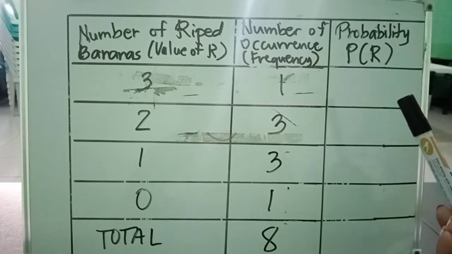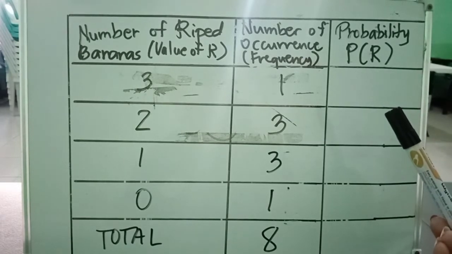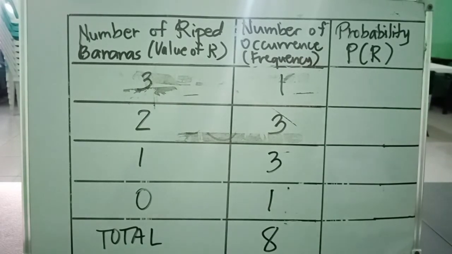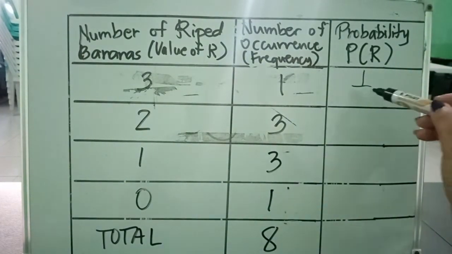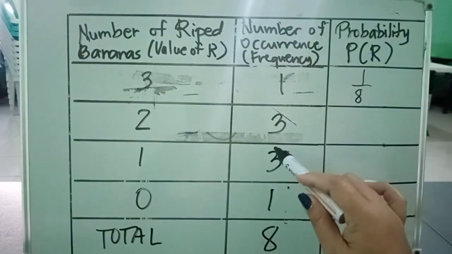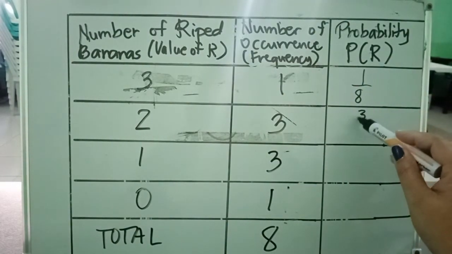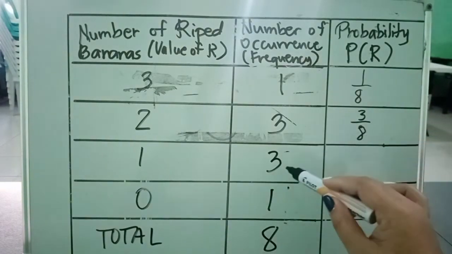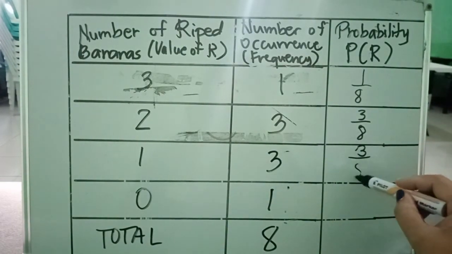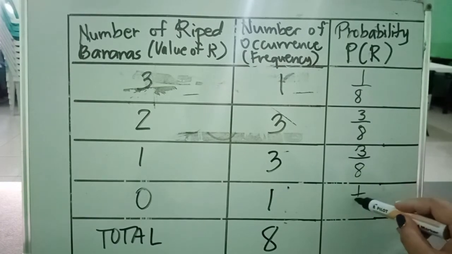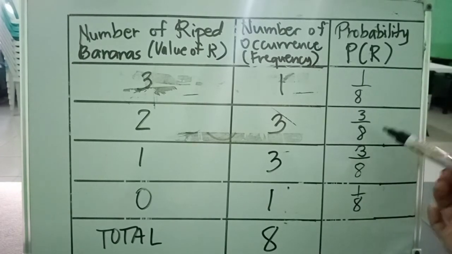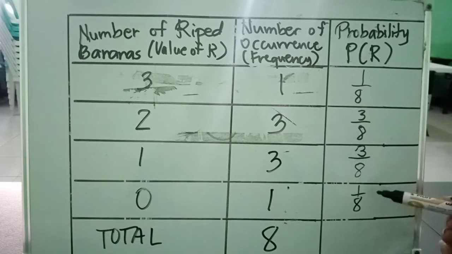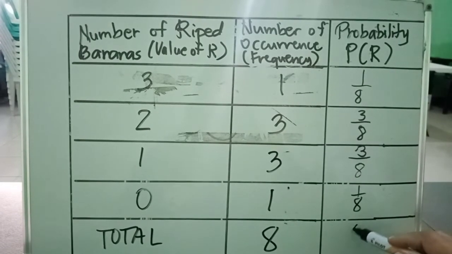Now let us have the probability of the discrete random variable, such that we have 1 as the occurrence, all over the total number, which is 8. Then 3 over 8, followed by 3 over 8 again, and then 1 over 8. If we add these, 1 eighth plus 3 eighths is 4 eighths, plus 3 eighths is 7 eighths, plus 1 eighth is 8 over 8, or 1.